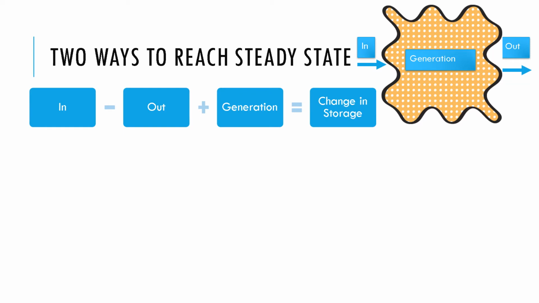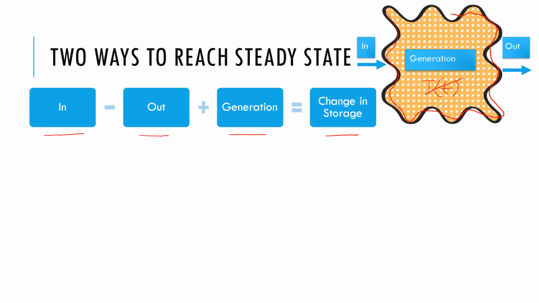We know the energy balance is always true: in minus out plus generation is equal to change in storage. If we think of a control volume like this one, then this has to be always true. So what is meant by steady state? At steady state, temperature does not change with time.